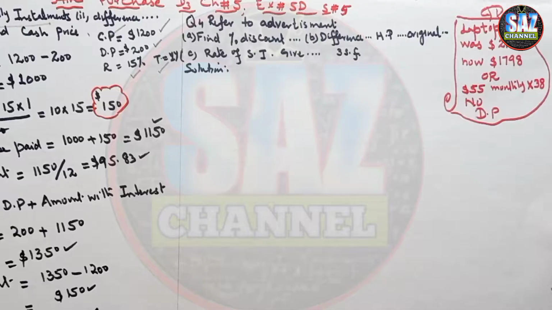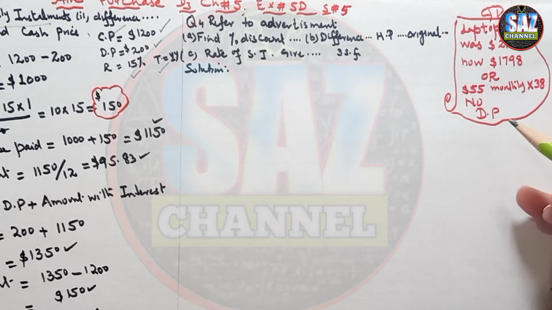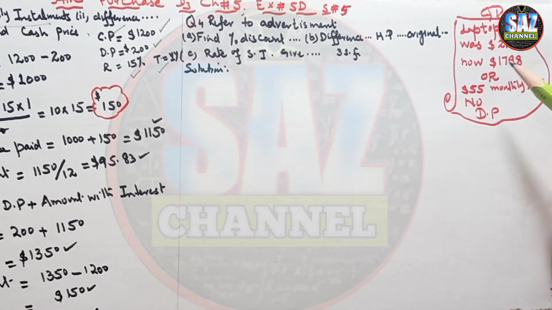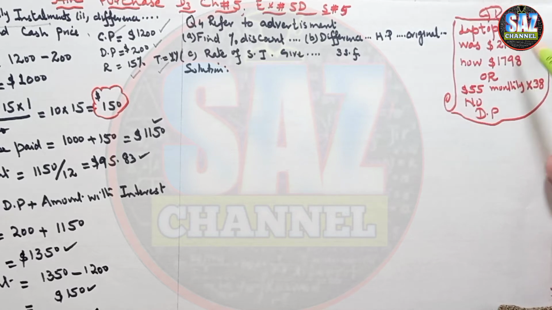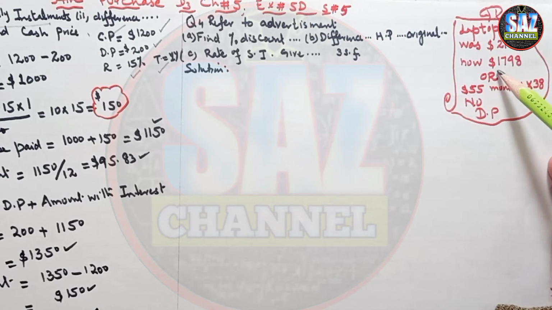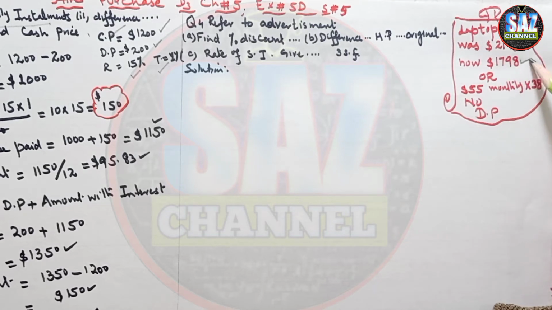Okay, so the question says, answer the following question by referring to the advertisement. You must have watched this type of advertisement in the market or on TV as well. It's the advertisement of a laptop, that it was 2198, but now the price of that laptop is 1798.